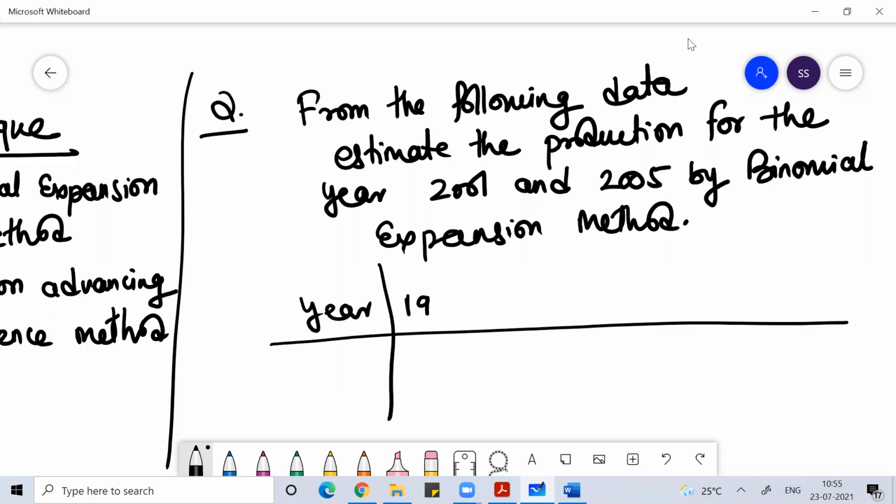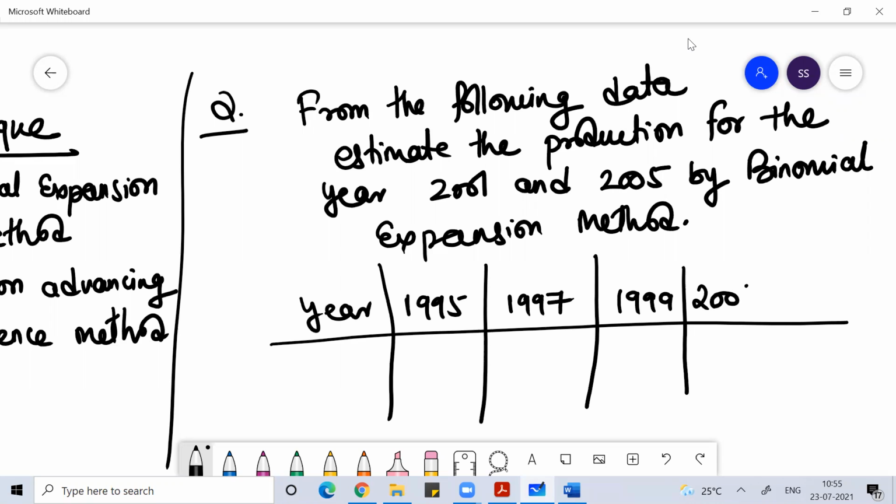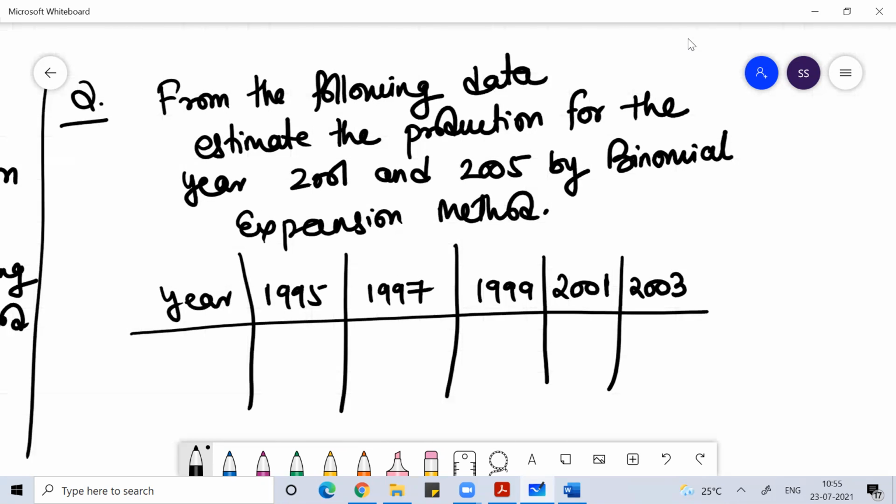Year: 1995, 1997, 1999, 2001, 2003, and then 2005.